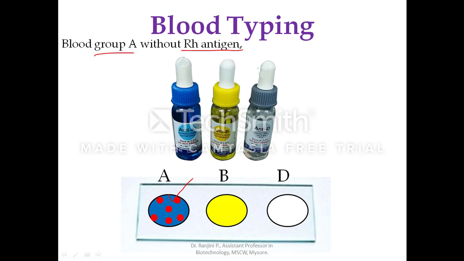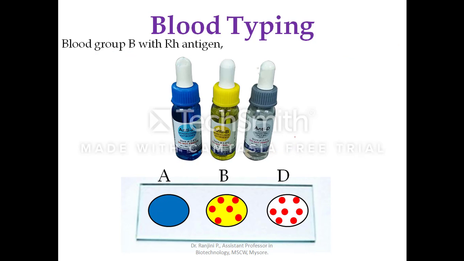Here we will find precipitation in the circle labeled A, but not in D. So he is considered A negative, because his blood shows agglutination only with the anti-A antisera, but not with the anti-D antisera. That's why this blood group is referred to as A negative.